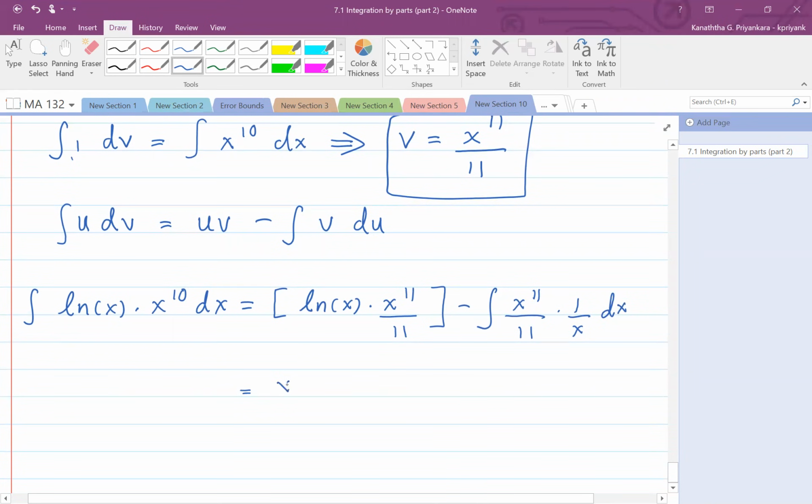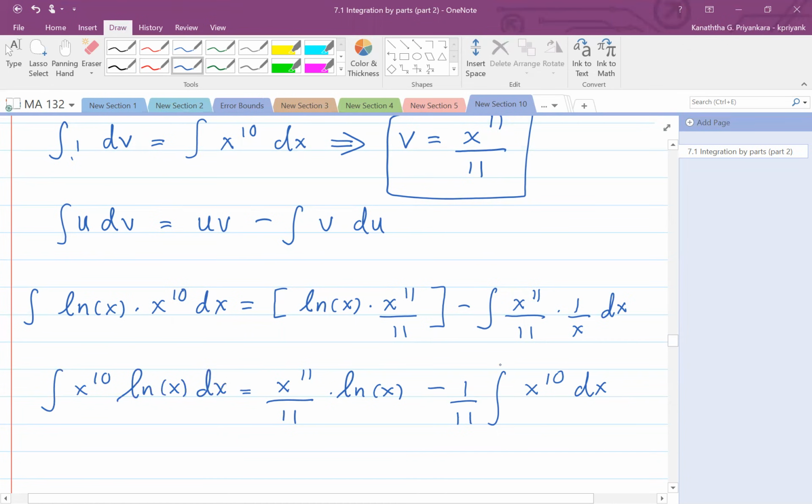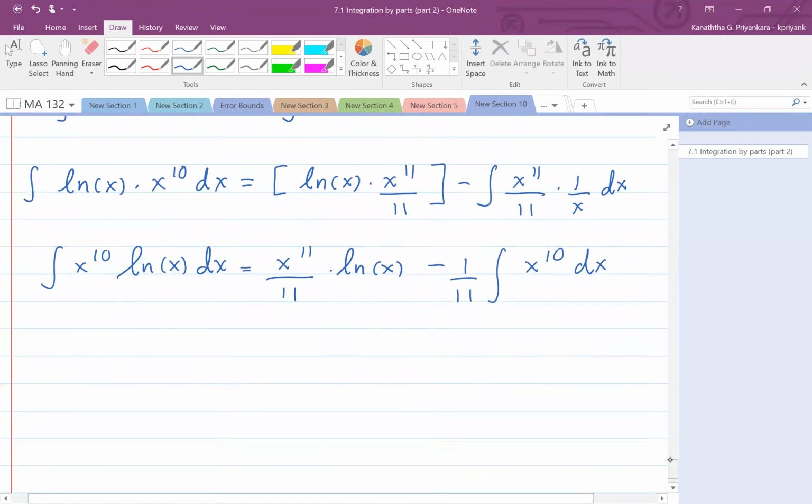So we get x to the power 11 over 11 times ln of x minus, so we can bring 1 over 11 to the front because it is a constant. Then we can cancel out one x from the numerator and the denominator. So you get the integral of x to the power 10 dx. Now we have to compute the antiderivative of this.